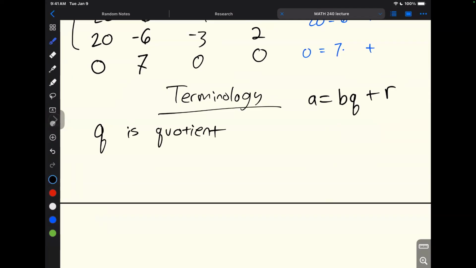That's if we do long division. If we have A divided by B, this is the quotient, remainder R. That's where all the numbers end up in long division. So Q is the quotient, R is the remainder.